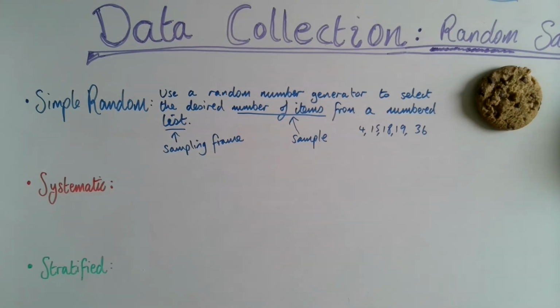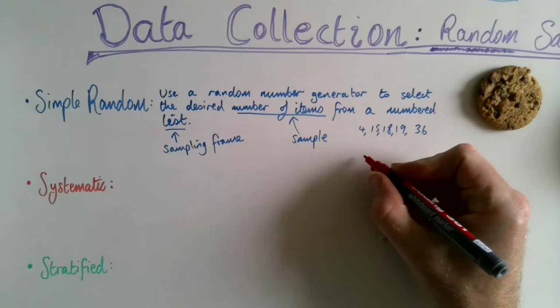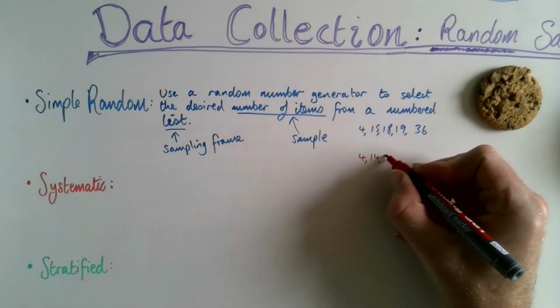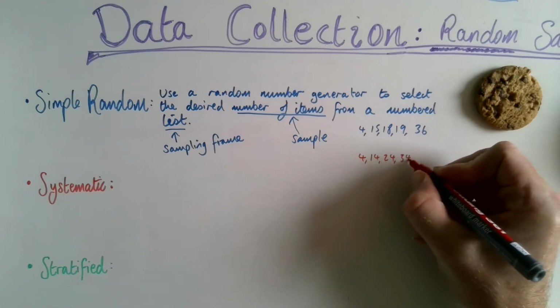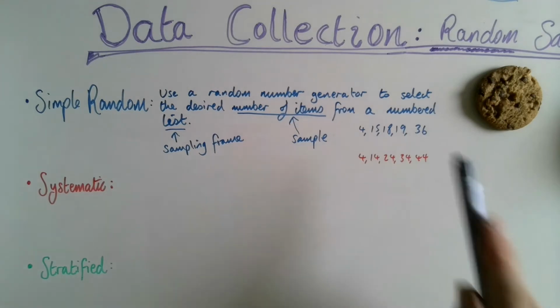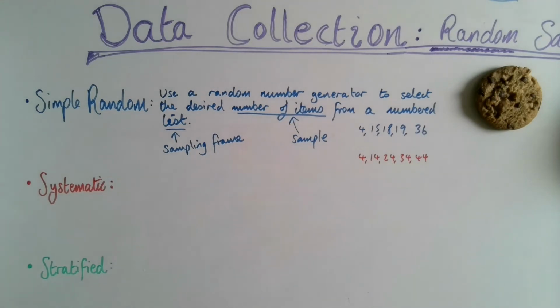So if the first number that came up was, say, 4, as we'd had there, we would then take 14, 24, 34 and 44, and that would stop this problem of having too many from one part of the pot and not enough from somewhere else.